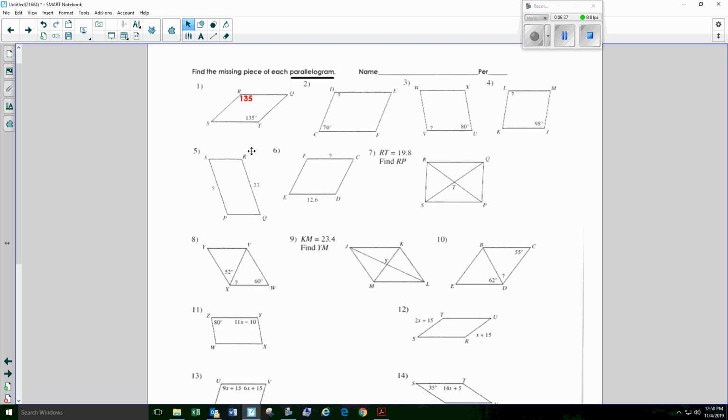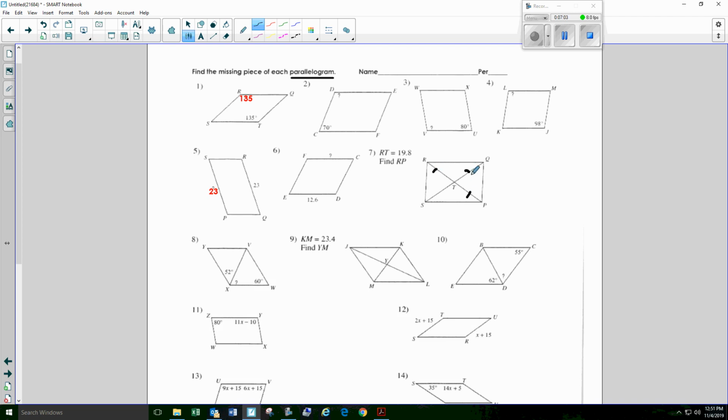It also says opposite sides are congruent. So that's 23, that's 23. Nice and easy. We also know the diagonals. Remember, a diagonal is one where I connect two vertices that are not already connected. So originally when I just have this quadrilateral, R to P would be a diagonal, and Q to S would be a diagonal. And it says the diagonals bisect each other. So again, it splits in half.